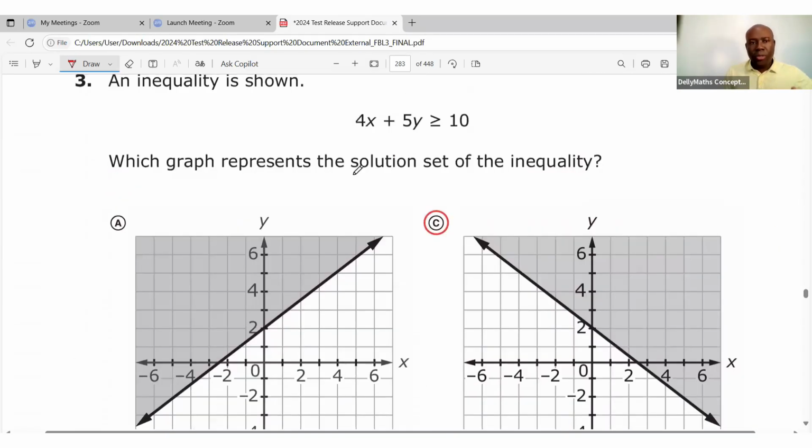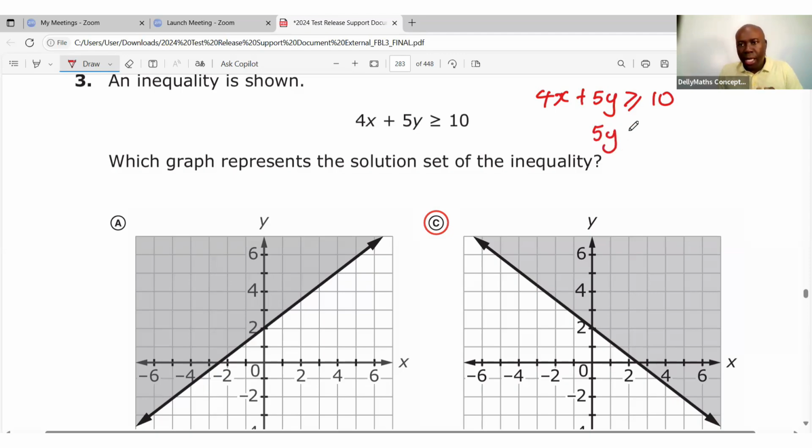All right, an inequality is shown. Which graph represents the solution set? We're going to do the same thing. We're going to make y the subject, and then we're going to decide, right? For example, if I have 4x plus 5y greater than or equal to 10, I'm going to write it in slope-intercept form.